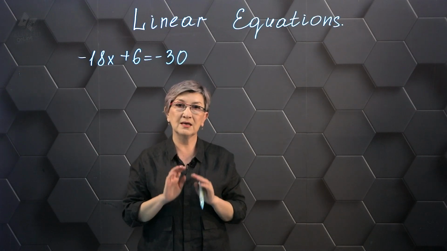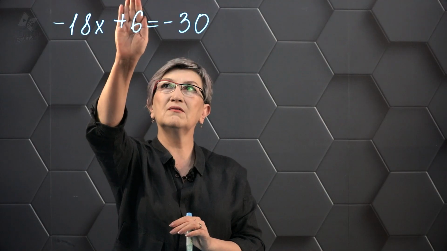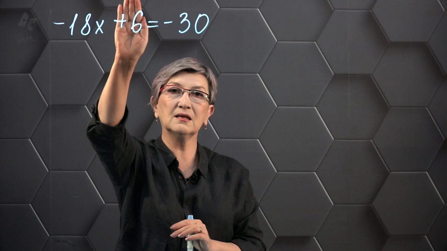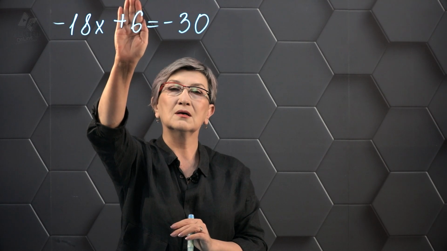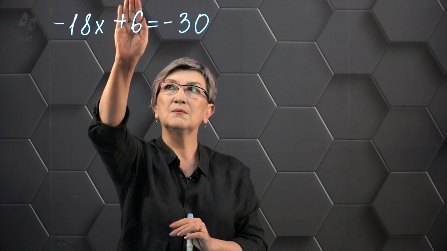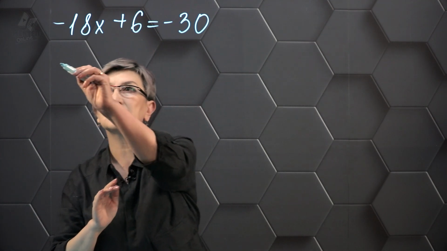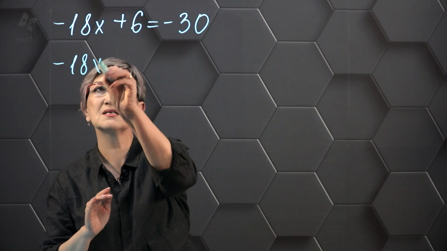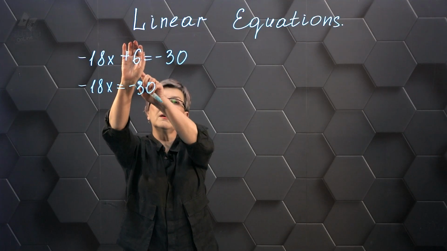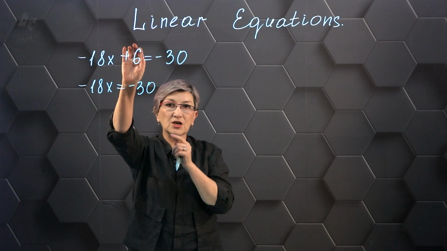In order to make sure that we don't make any mistakes, I recommend that you keep the variable and close the constant, the number 6. As a result, we see minus 18x equals minus 30. So let's write it down like this. But we see that on the left side, we still have the number plus 6.